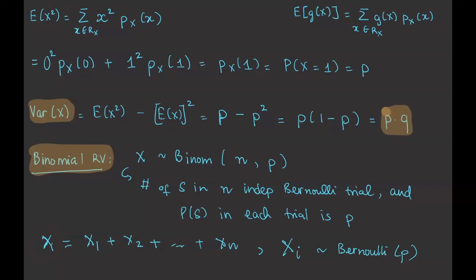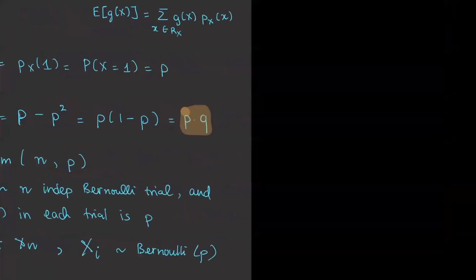Why is that? Because if you think about it, x denotes the number of successes in independent Bernoulli trials. So let's say you have this one is trial 1, and then you have trial 2, up to trial n. And for trial 1, I use x1 to denote the outcome. What does it mean? It means that in trial 1, if I get success, then x1 is equal to 1.